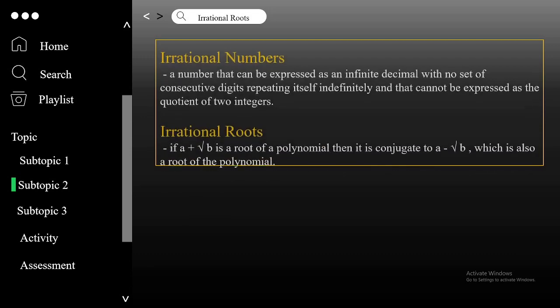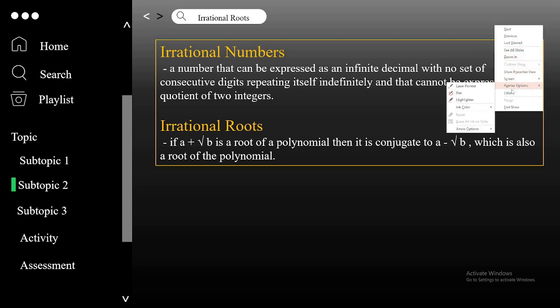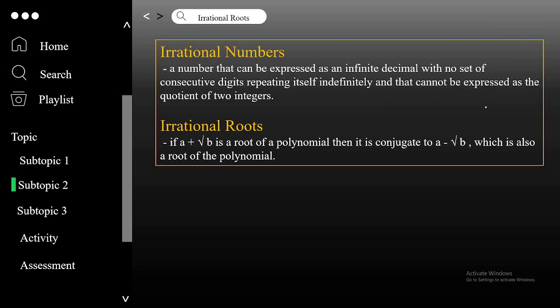So take note, when I say irrational numbers, those are simply numbers that express an infinite decimal answer. Like for example, the square root of 3. If you use your calculator, the square root of 3 will give you a decimal answer. Same thing with the square root of 2, the square root of 5.